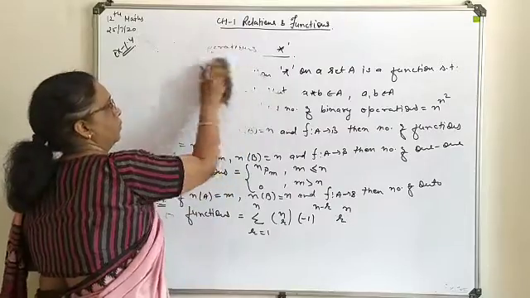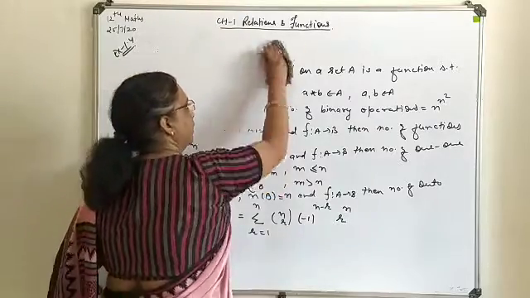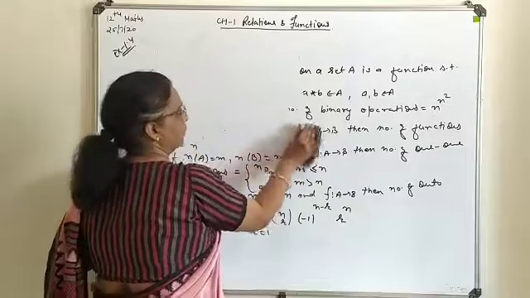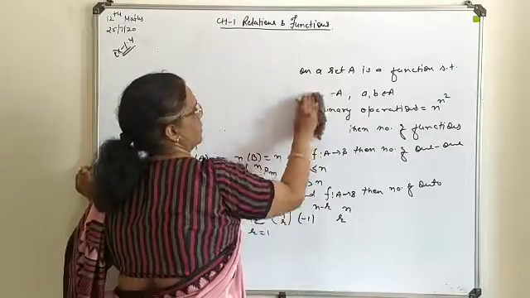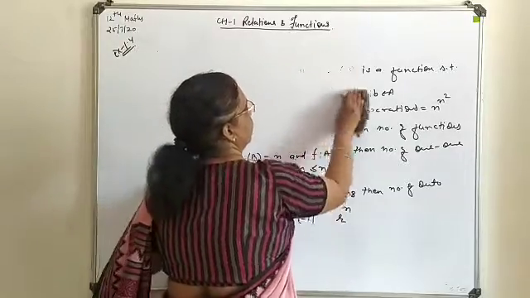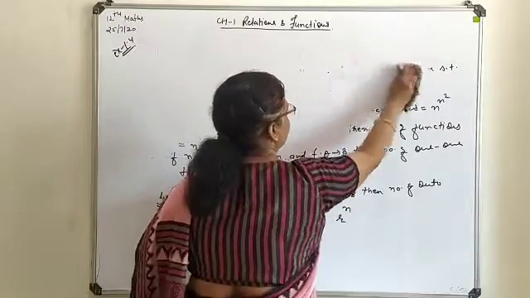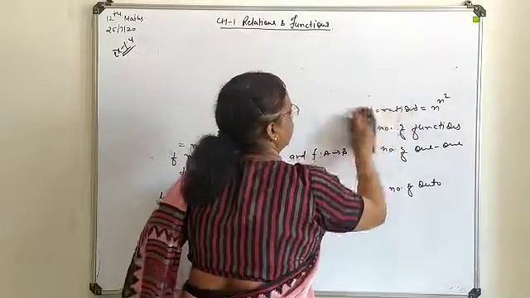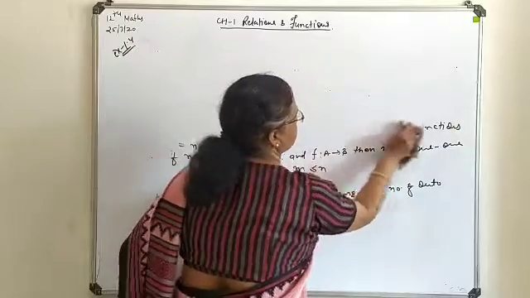In exercise 4.1 we have questions in which first we check whether a binary operation is possible, and then check the commutative and associative properties for the binary function.